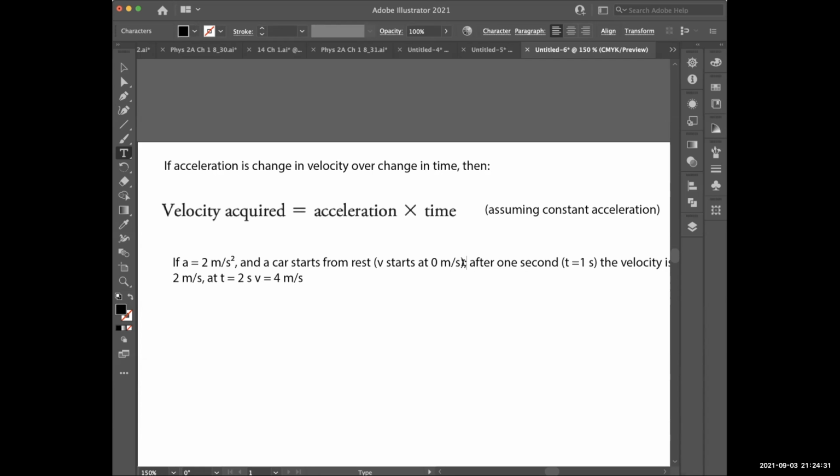Semicolon, comma, and then semicolon at 3 seconds, the velocity will equal 6, and so on.